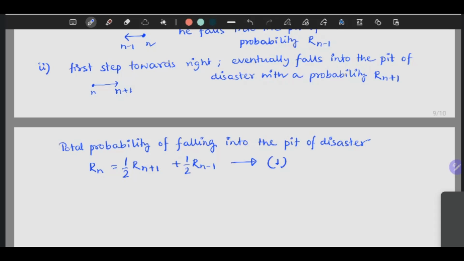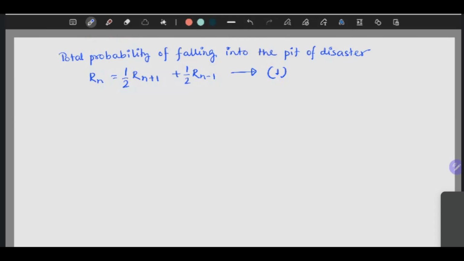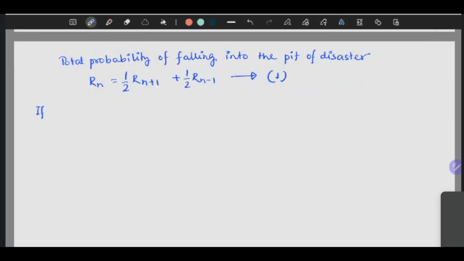Because it is important to solve this recursion relation. So basically, if n equals 0, that means initially our probability Rn, if R_W is equal to 1, and if it starts from 0, the probability is 0.